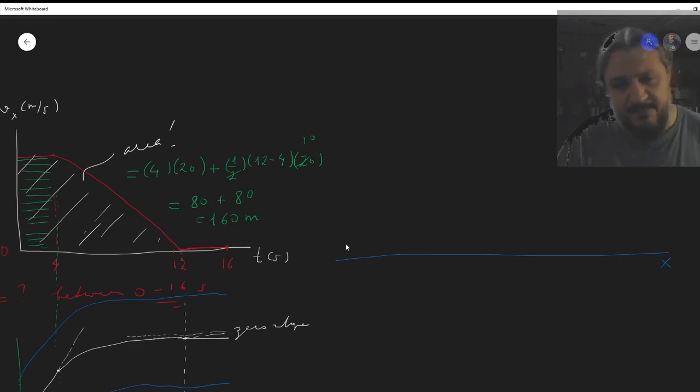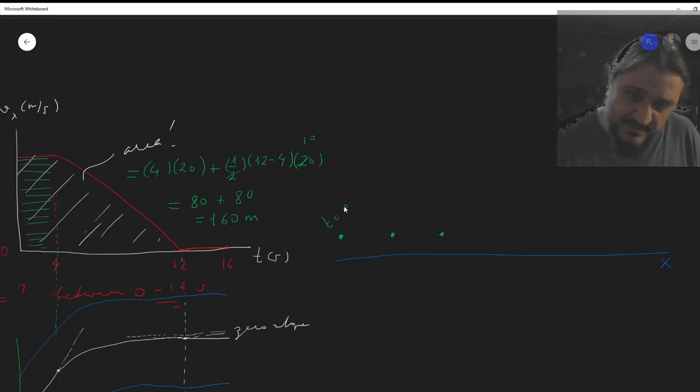In the beginning we have 20 meters per second, the maximum speed, so the points will be separated. I will have one for t equals 0, another one here, and another one over there. So this is t equals 0, this is t equals 2 seconds, and this is t equals 4 seconds.